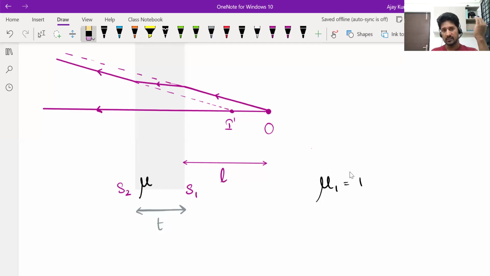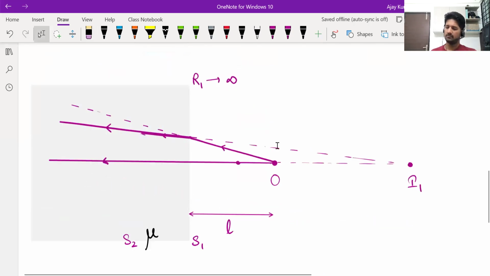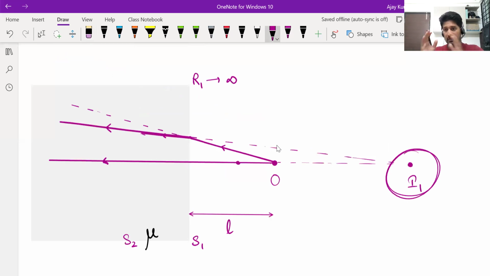And the image formed by the second reflection or refraction will be treated as an object for the third reflection or refraction if it happens, and so on. Okay, this is the logic behind all that. Now here there are two refractions happening. So we'll find out the image position due to the first refraction. We'll treat that as an object for the second refraction and find out the final image position. Okay, let us work on this first.